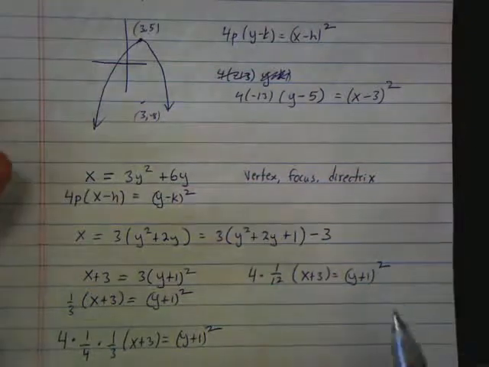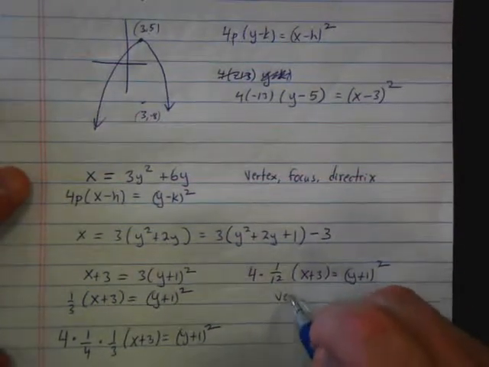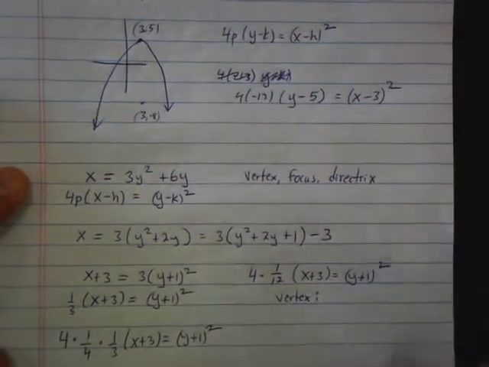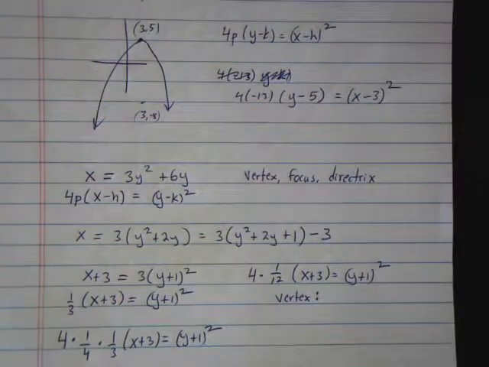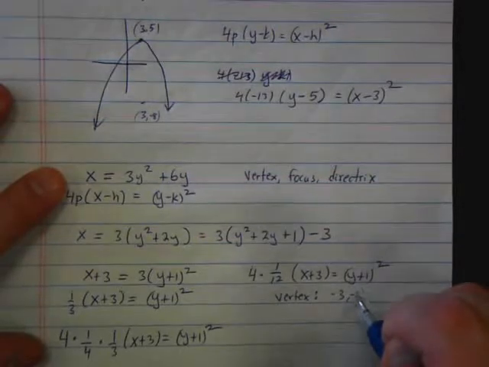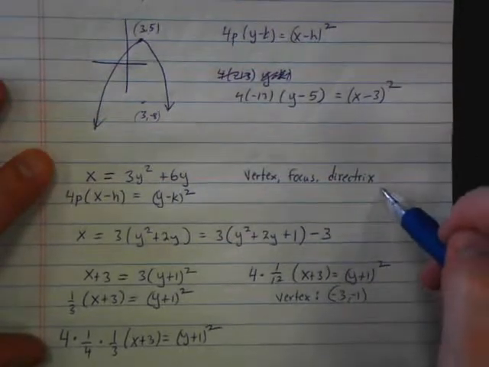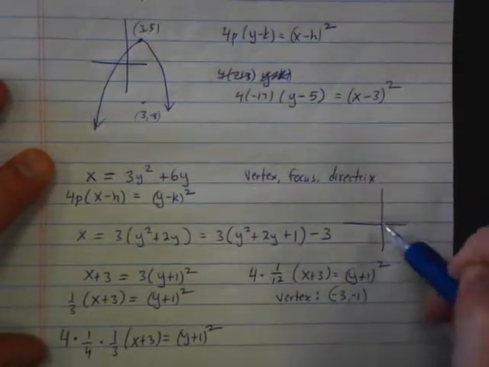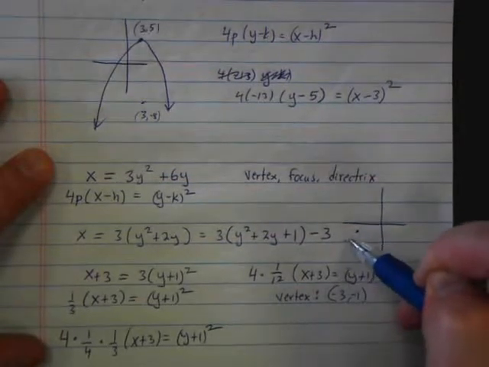Now I can answer all my questions. What's my vertex? -3, -1. And remember, we decided -3, -1 is right there.